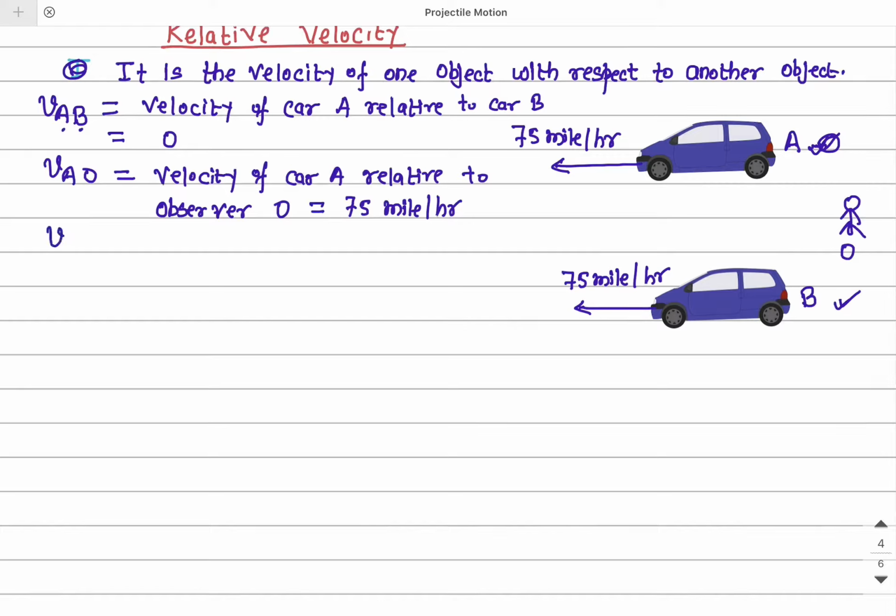Similarly, the velocity of car B with respect to observer O is again 75 miles per hour.